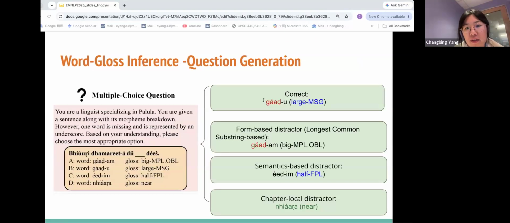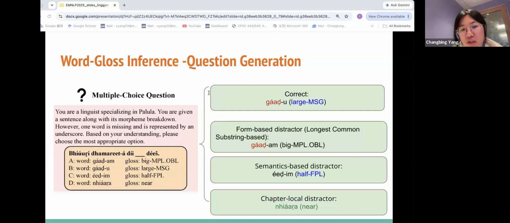To create the set of answer choices, we have one correct answer and usually 3 distractors. We employ 3 strategies to generate those distractors. The first one we call a form-based distractor.